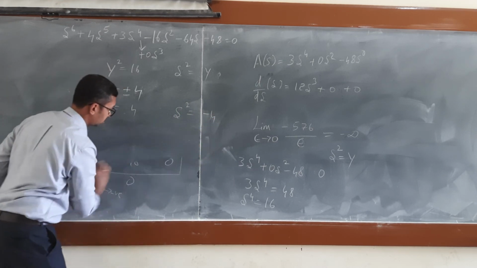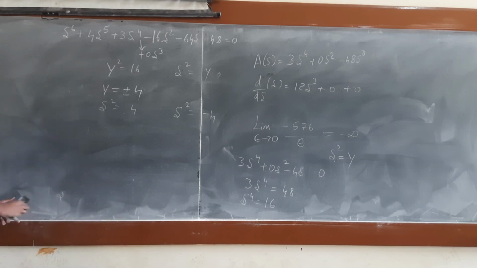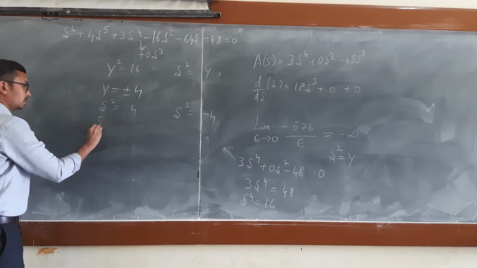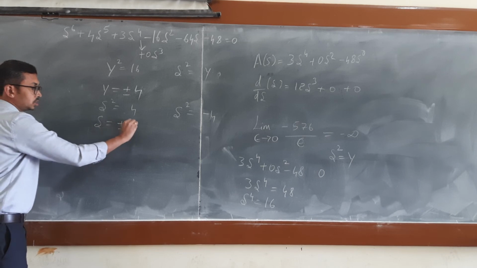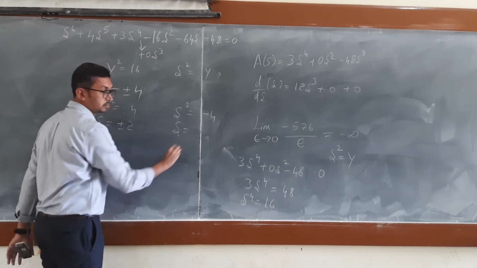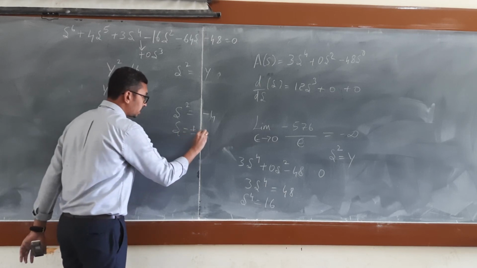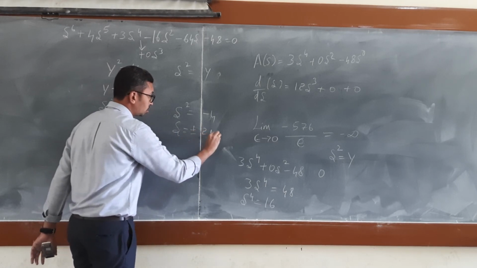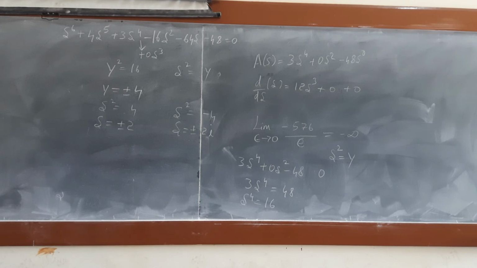Is it clear? So therefore, what is s here? Plus or minus 2. And what is s here? Plus or minus 2i, imaginary. Did you get it? Yes, sir.